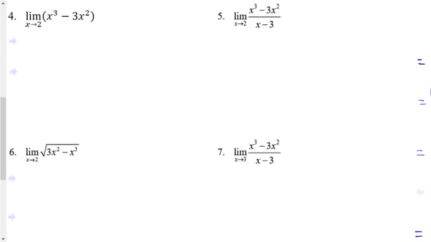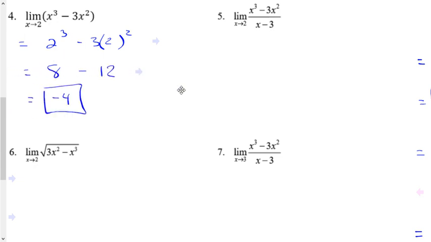For question number 4, we can just plug in the number. If I substitute 2 in place of my x, I get 2 cubed, and then here I have a 2 squared. There's no reason for me not to plug those numbers in. It doesn't give me an undefined expression, so I can just evaluate, and I'll get the answer that the limit of my function, x cubed minus 3x squared, as x approaches 2, is equal to negative 4.